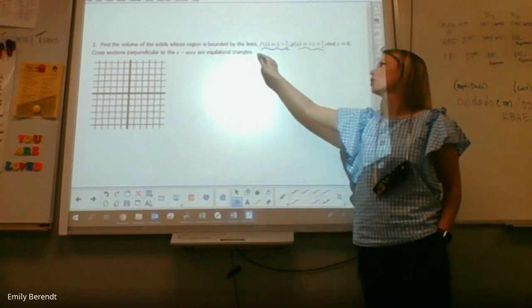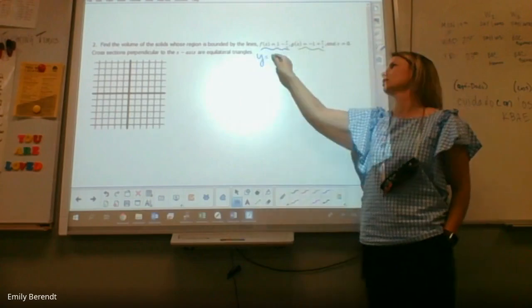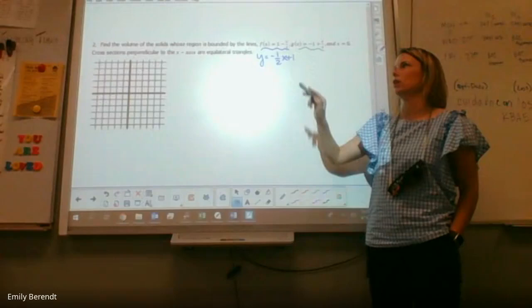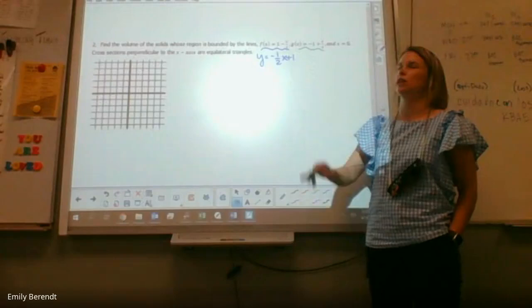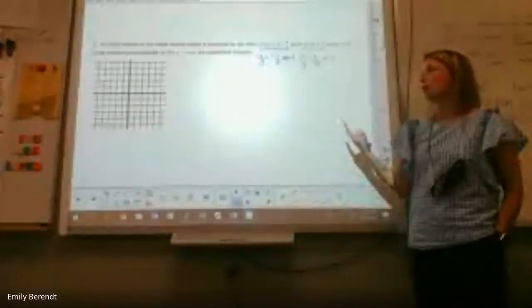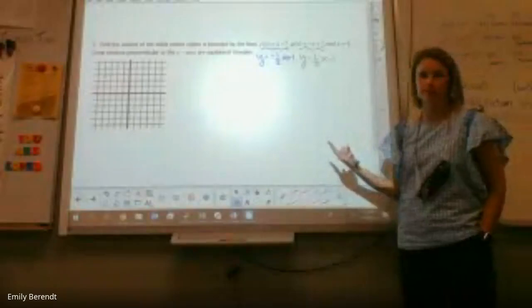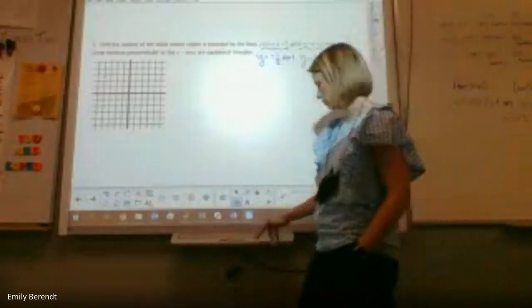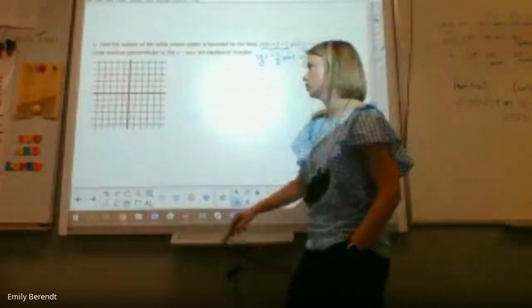We'll have y equals -1/2 x plus 1. And g of x would be y equals 1/2 x minus 1. So that way our brains see it better. So we can pick out our y-intercept and we can pick out our slope. So our first one, y-intercept is what? 1 with a slope of down 1 over 2.